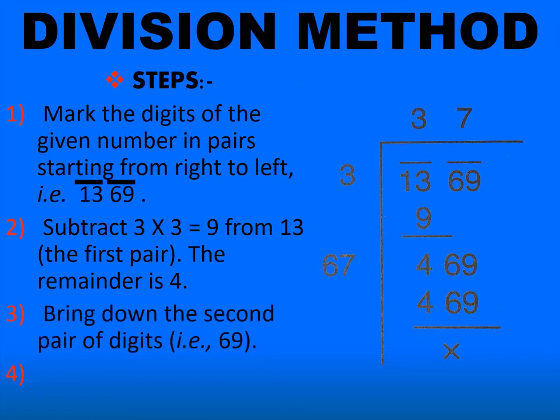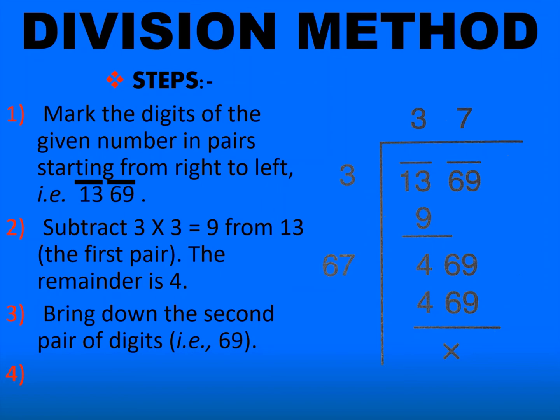Step 3. Bring down the second pair of digits, that is 69, as shown in the picture. Double the quotient, that is 3, and write the result on the left of 469. Add the largest possible digit on the right of 6 so that the product of the two-digit number obtained and this number does not exceed 469.